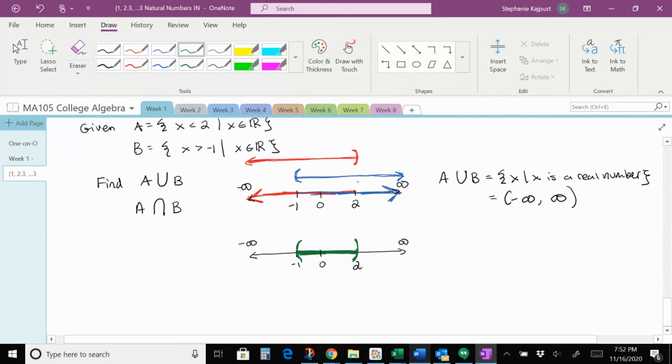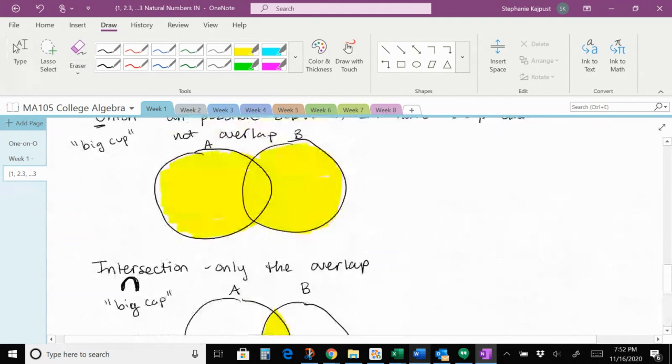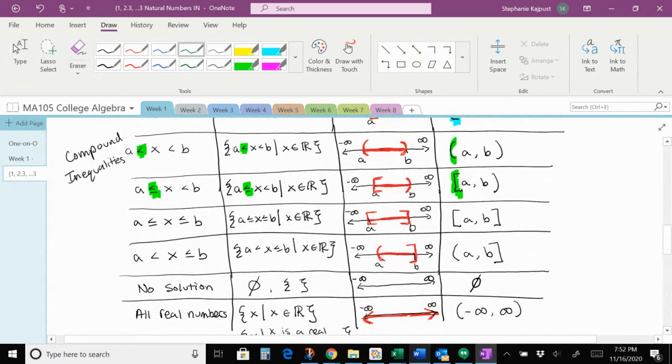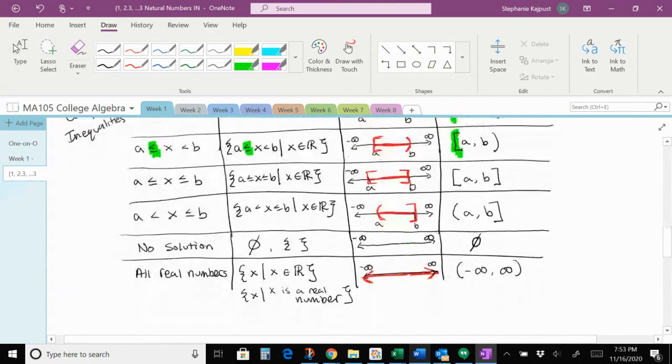We use parentheses because, if I look at the right endpoint, set A does not include 2, but set B does. So they don't actually overlap at 2 because 2 is not included in both. So my overlap is between -1 and 2. It may be helpful to look for the graph that looks similar to that, so you know how to write your solution, either in set builder notation or in interval notation.